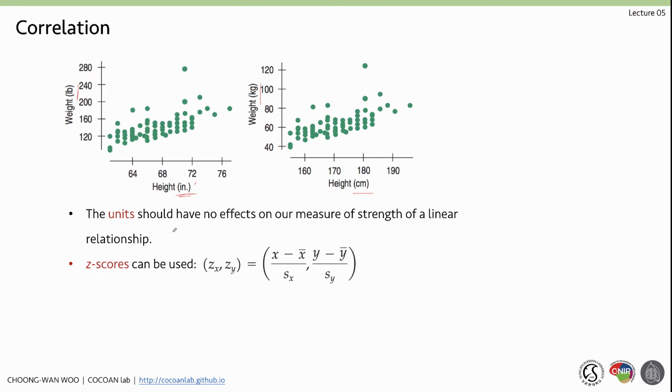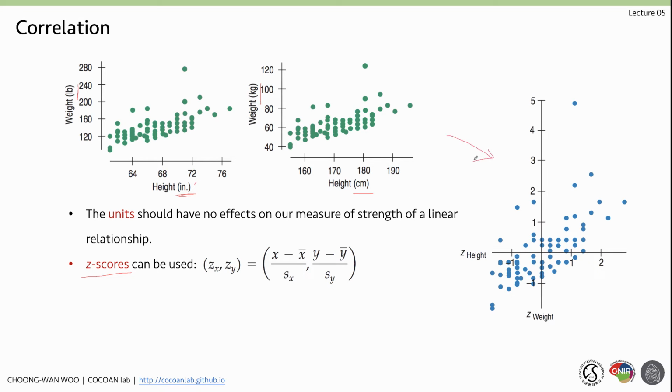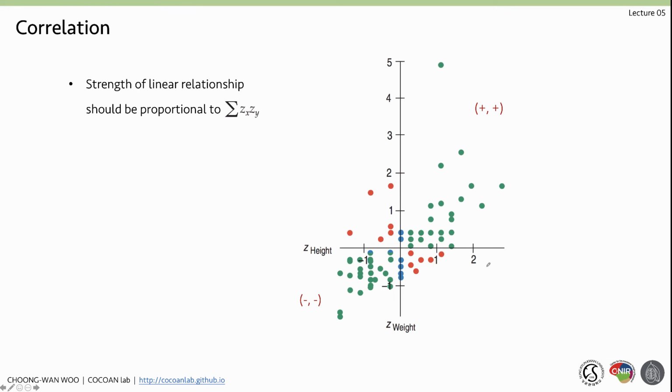Therefore, we can use z-scores. As we learned in the previous lecture, a z-score doesn't have a unit. So here, this is the z-score of height and weight. So this is a good plot. We actually can make a measure using the dot product, z_x times z_y, and sum it up, and then it'll tell us the strength of a linear relationship, because if there is a linear relationship, there should be more dots in this and this quadrant than this and that.